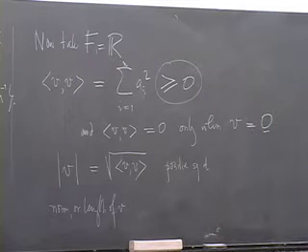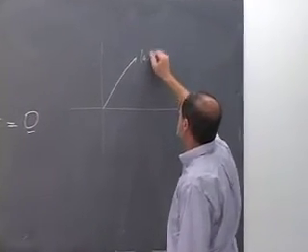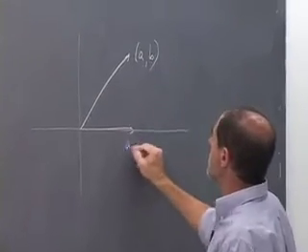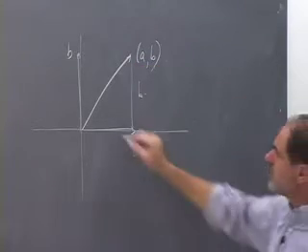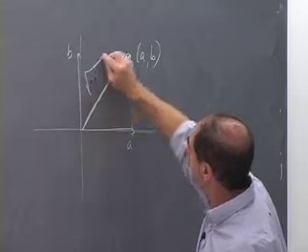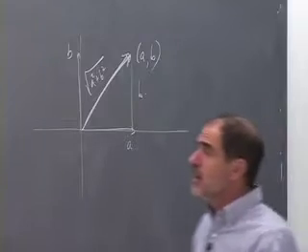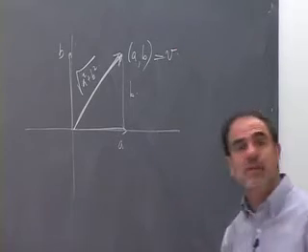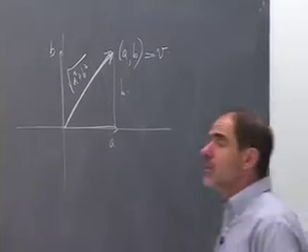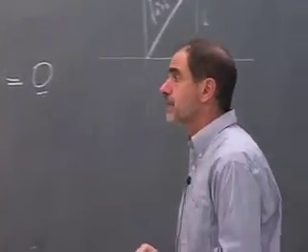And this generalizes our notion of the Euclidean distance of the vector, because if we were in R2 and we had our vector here, the vector (a,b), where we go over a units here and up b units here, then the length of this line segment is the square root of a squared plus b squared by the Pythagorean theorem. Consequently, this length measures the distance of the vector v from the origin in 2-space. And we define a geometry in general by saying that's the length of the vector from the origin, the square root of the sum of the squares.